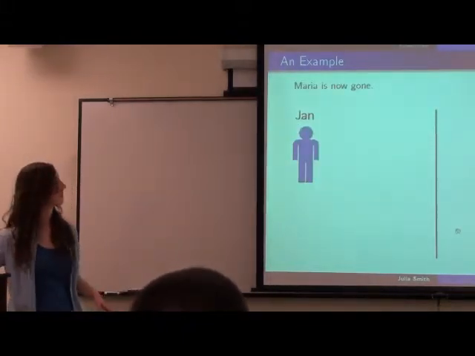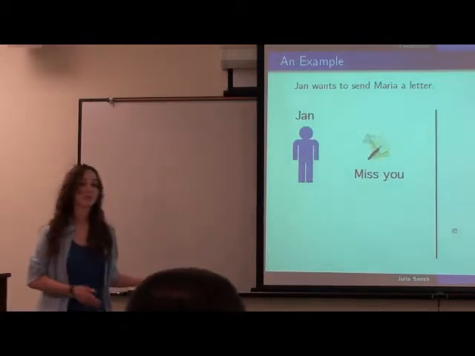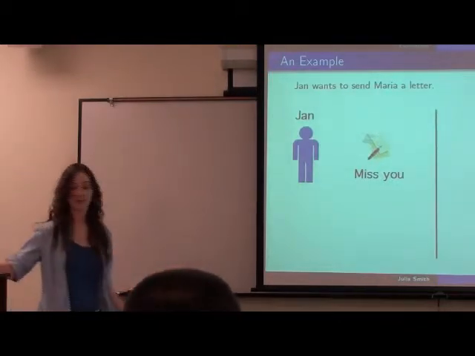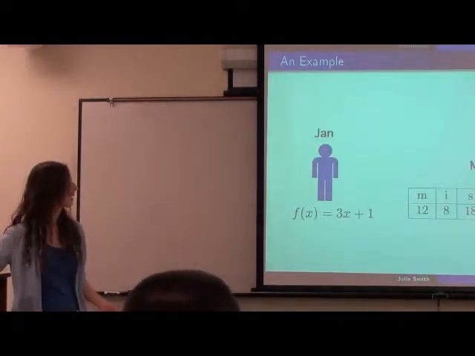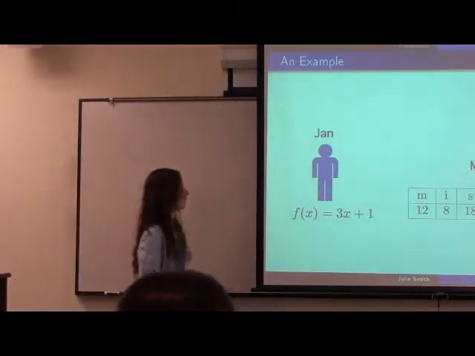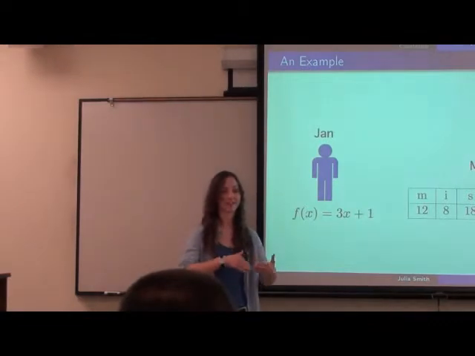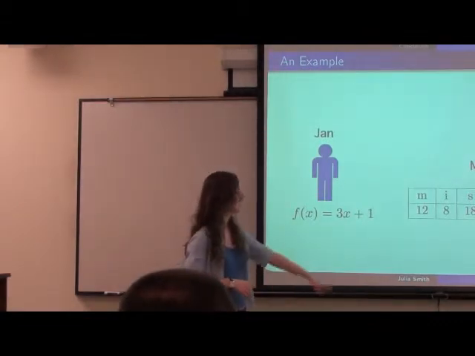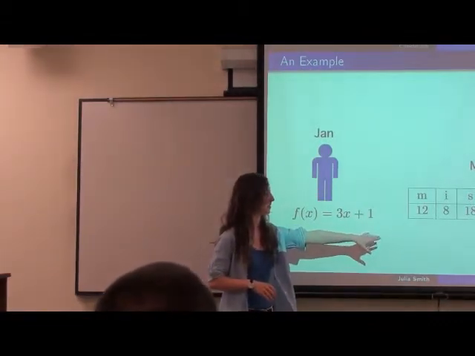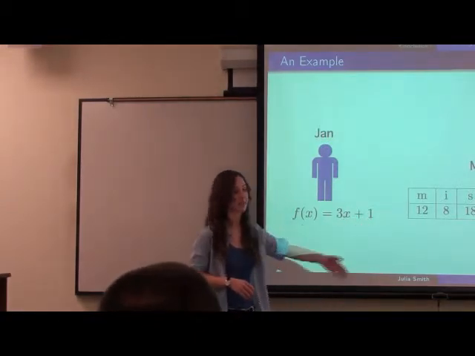Maria is now gone. So John wants to send Maria a letter, and his letter is "miss you." He's going to use his dictionary, where A is 0, B is 1, etc., to find the numbers that correspond to the letters in his message.